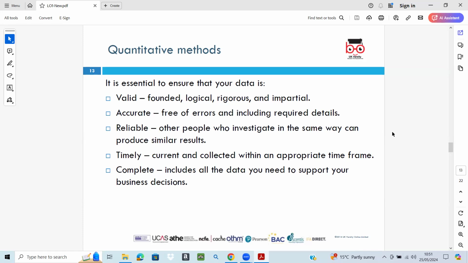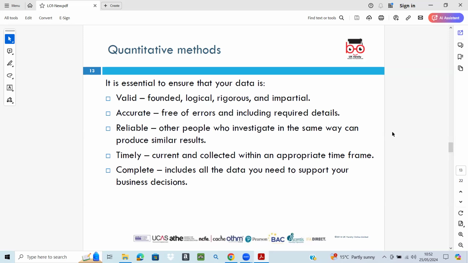If we discuss some of the key aspects, validation: data validity refers to the extent to which the data accurately represents the concept being studied. Its importance is ensuring that the data collected is founded on sound research principles, logical, and impartial.